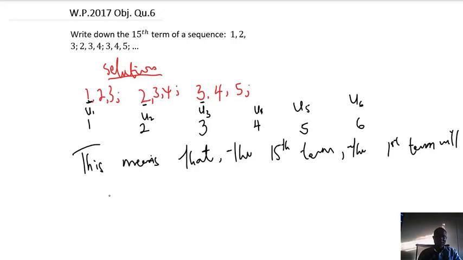So on the 15th term, U15, the first term is going to be 15, because the next term is succeeded by addition of 1. The common difference is 1. So the next term is going to be 16, and the next term is going to be what? 17.